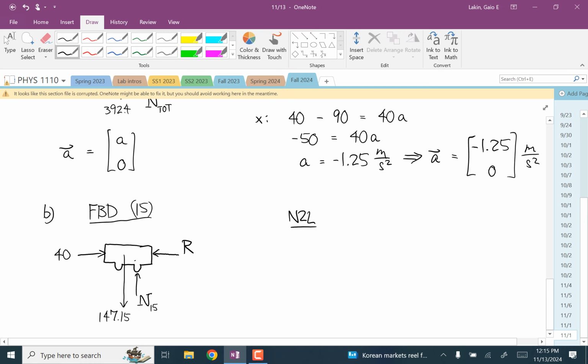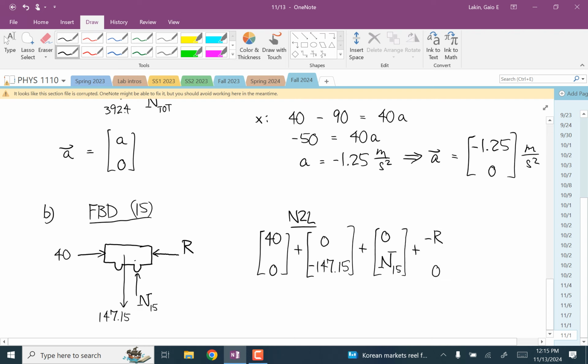And Newton's second law says 40, 0, plus 0, negative 147.15, plus 0, N15, plus negative R, 0, is equal to the mass, 15, times the acceleration vector that we just figured out, negative 1.25, 0.